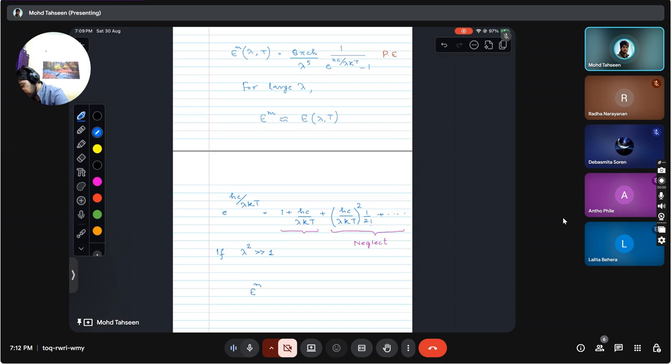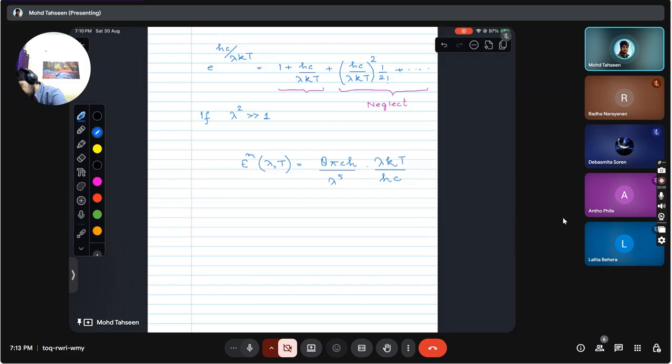So I'm just substituting this equation here in this equation for the spectral radiance. What we get is 8 pi ch over lambda to the 5th times, now it's 1 over this, so I will write the reciprocal, which is lambda kT over hc.